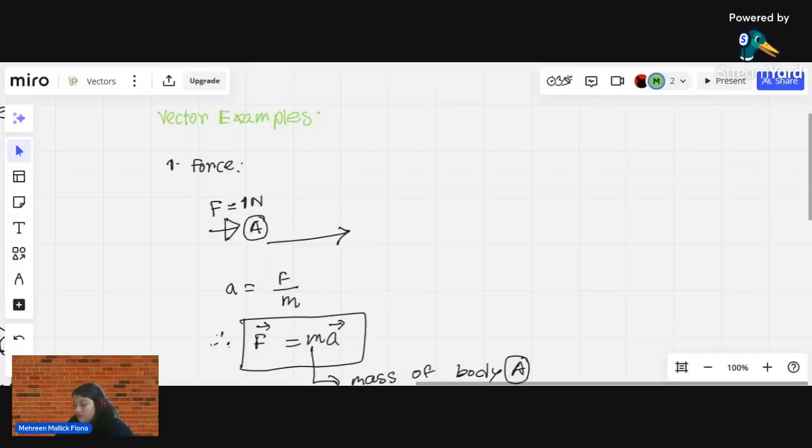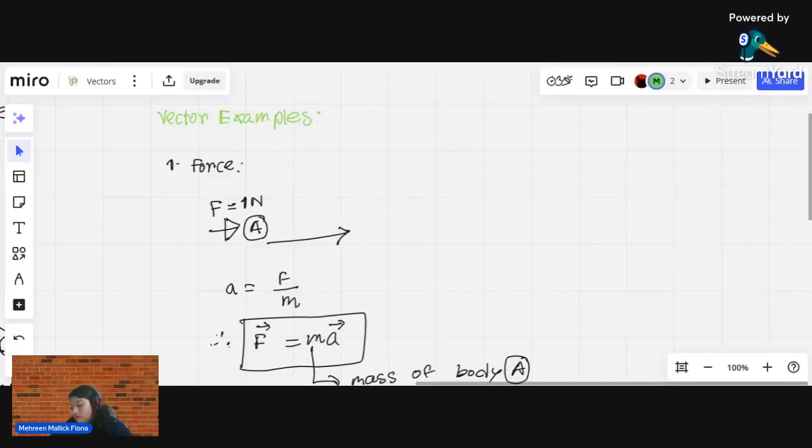So we cannot say that m is a vector, because it is a scalar quantity, and it must be a scalar quantity because it does not give us a certain direction of its motion. Moving on to acceleration, it gives us an idea how fast or slow the body is moving, and it has a certain direction. So we can say that it is a vector.